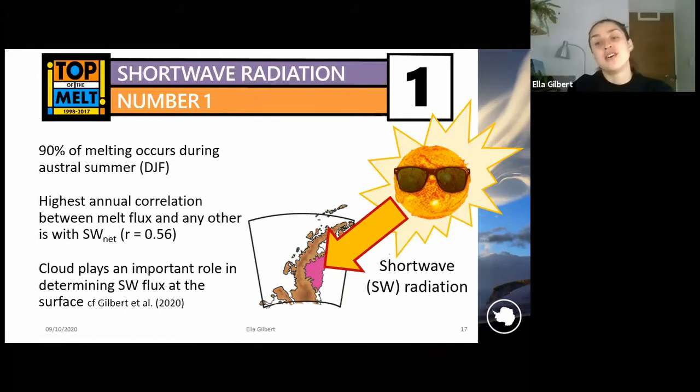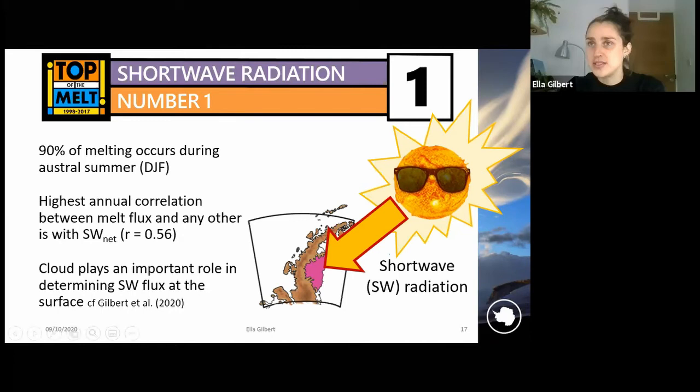Shortwave radiation is the first order driver of surface melting on the ice shelf, which is probably unsurprising to many of you. 90% of melting occurs during the summer, which is December, January, February, for those who are not familiar with the Southern Hemisphere. And this shortwave radiation dominates the surface energy balance. It makes sense when we think that in the summer you have 24-hour daylight.